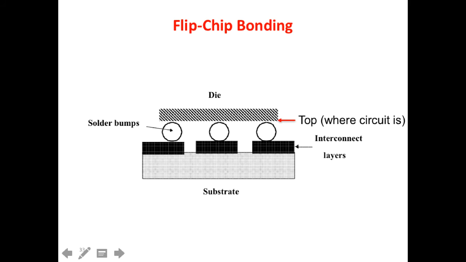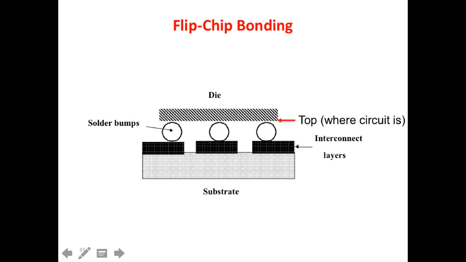And then you flip the die, and instead of wires, you use solder bumps, which are drops of soldering material that connect the pads on the top here with the wires of the package.